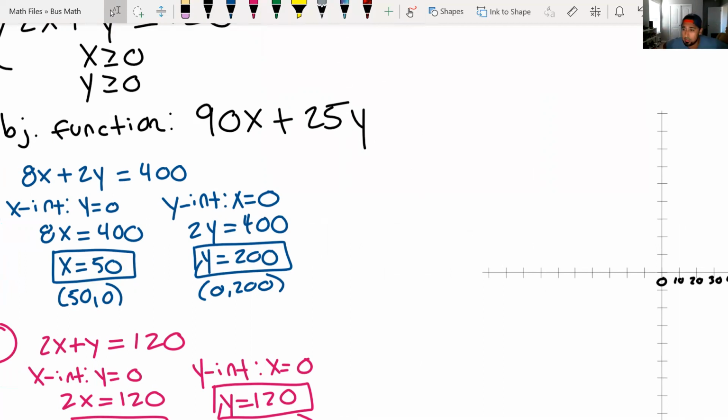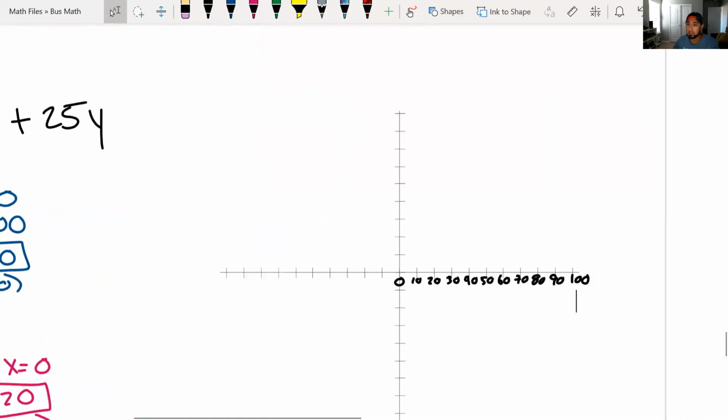We can go by 20s. We're just going to have to make an extension at the top, because like I said, this graph is weird.